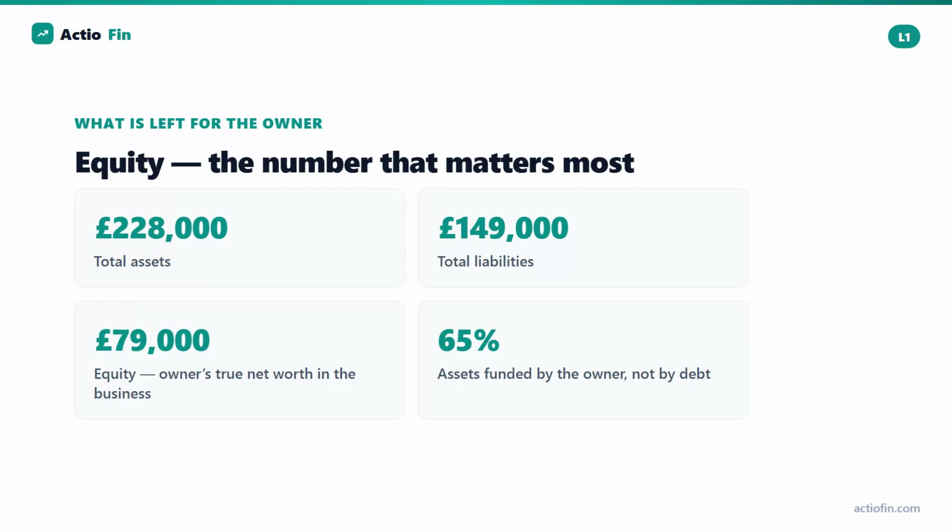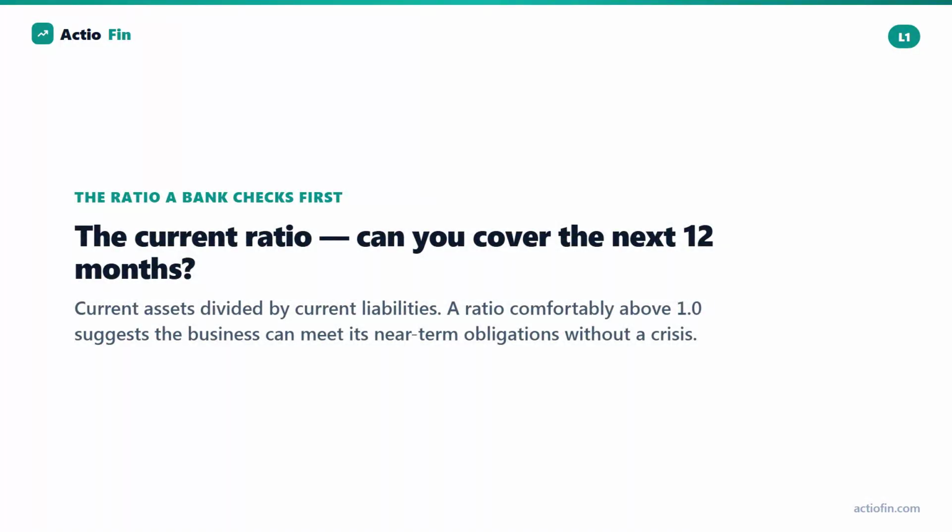One simple ratio, built entirely from the current section of the balance sheet, tells you more than almost any other single number. The current ratio, calculated as current assets divided by current liabilities. Brindley's current assets, bank, debtors and stock combined, total £114,000.